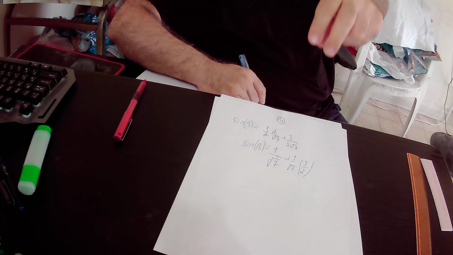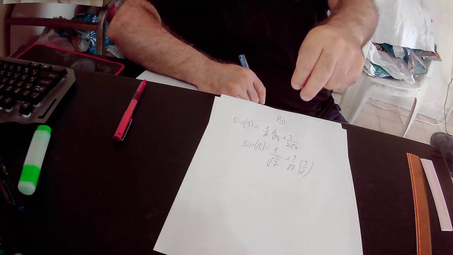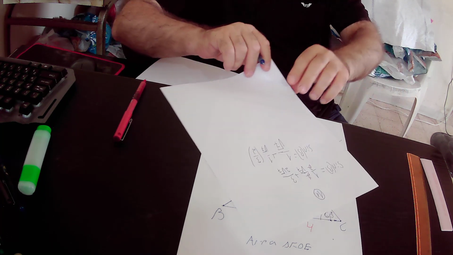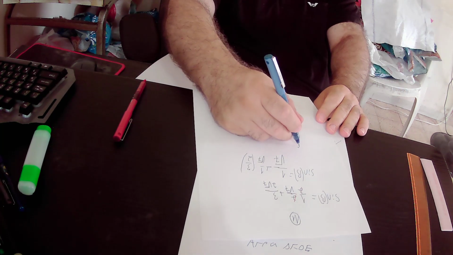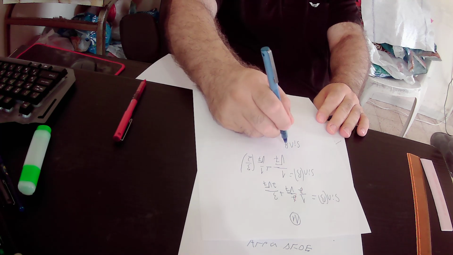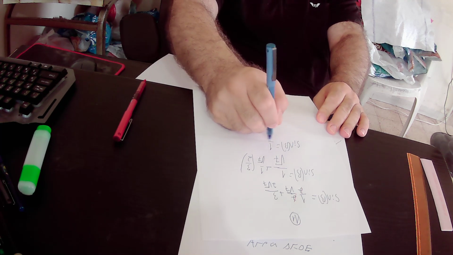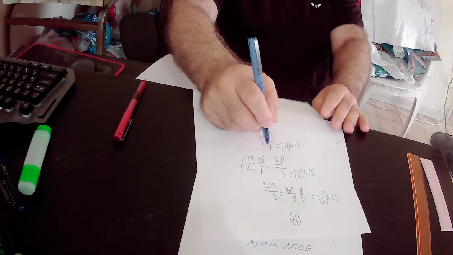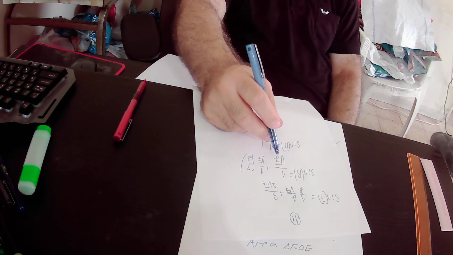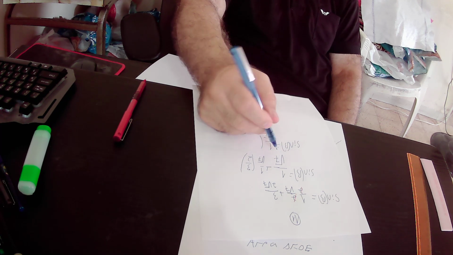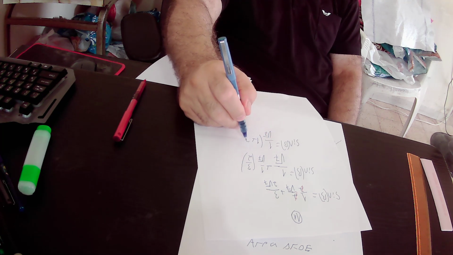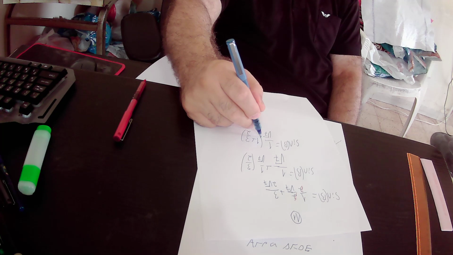We'll take out 1 over root of 7 as a common factor, and we will get that sinus beta equals to 1 over root of 7, and in the brackets we will get 1 plus 3 over 2.